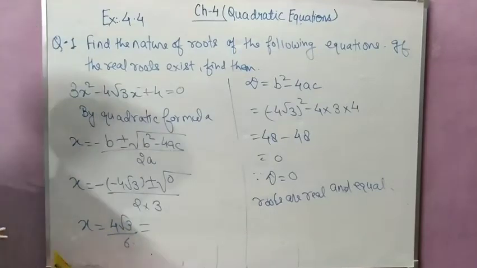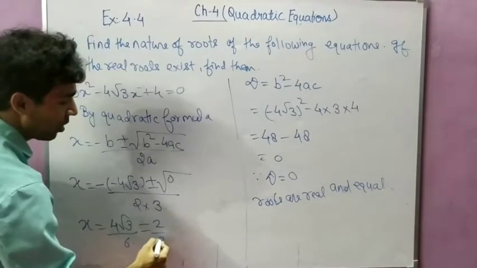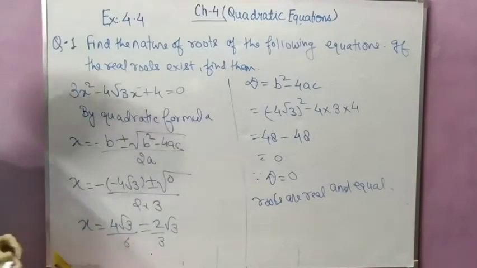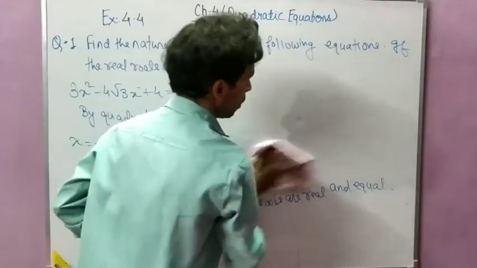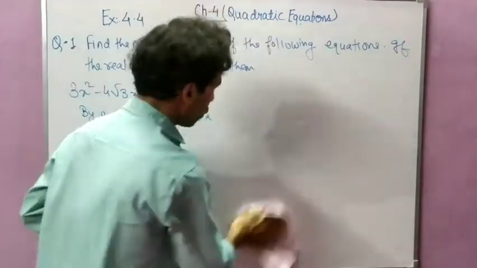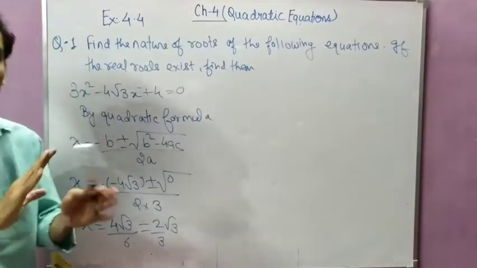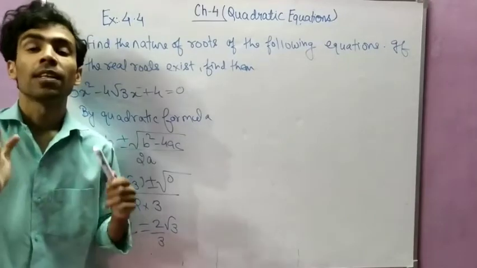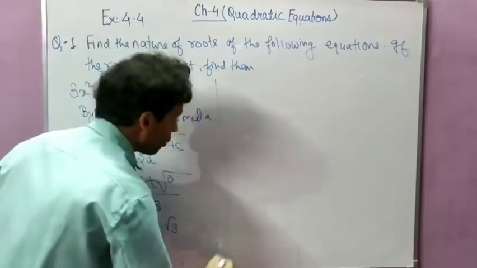Now you can solve it. So it will come 2 by 3 root 3. So now student, you got the value of x, and the value of x comes 2 root 3 by 3. And because from here we are only getting one value, it shows that both the roots are real and both are equal also. So what will be the value?